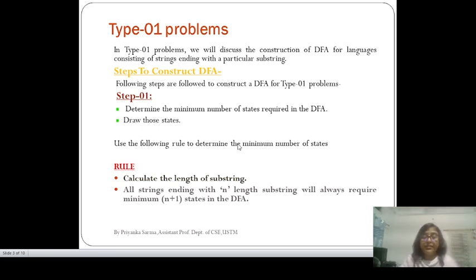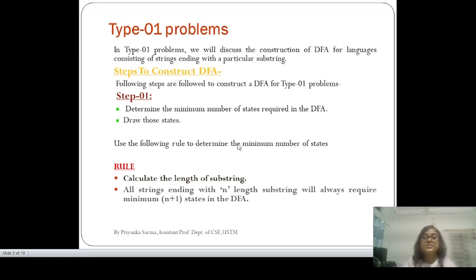Step 1: first we have to determine the minimum number of states required in the DFA. After determining the minimum number of states, next we have to draw those states. Already we have discussed that states can be represented by circles and transitions by arrows. Use the following rules to determine the minimum number of states.